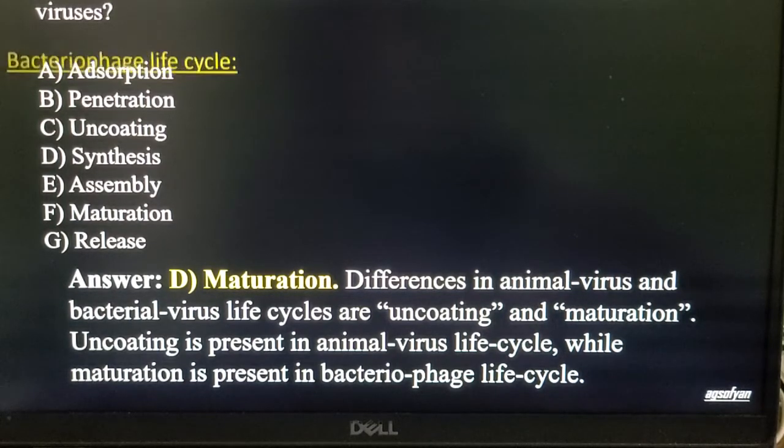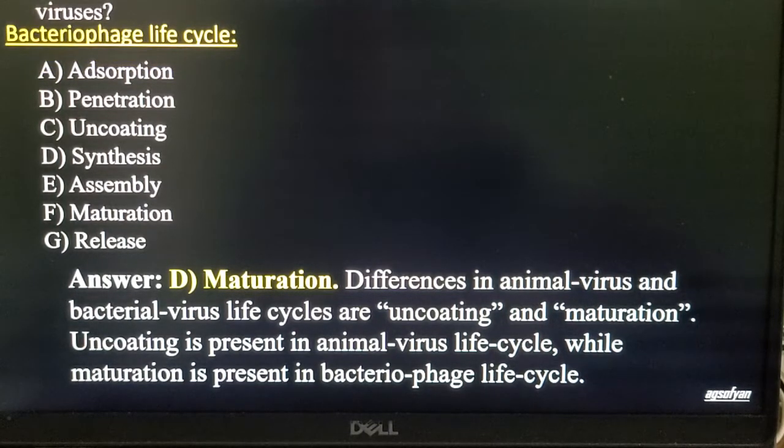Okay, look at the bacteriophage or bacterial virus life cycle. It consists of 6 stages. The first one, of course, is absorption, which is the same as attachment. The second one, yes, penetration. The third, they do not have uncoating because uncoating is only present in animal virus.